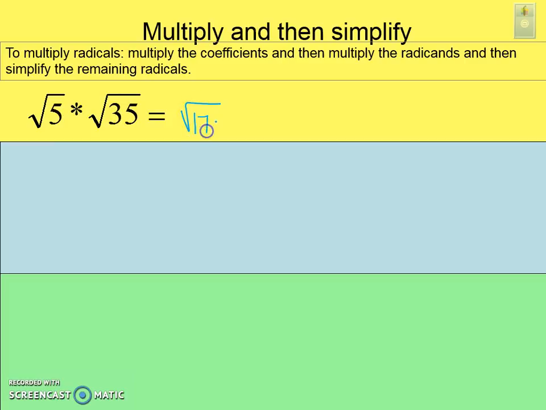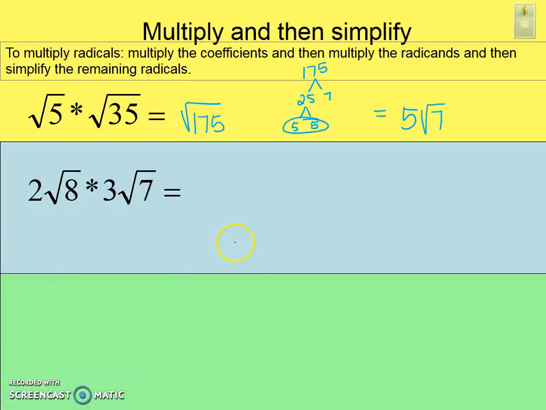And multiplying what's called the radicands, which is underneath the radical, we have the square root of 175. We want to break that down. So 175 breaks into 25 times 7, and we know that 25 is a perfect square, so we have a pair of 5s here. And then our final answer is going to be 5 times the square root of 7 when I multiply those together.